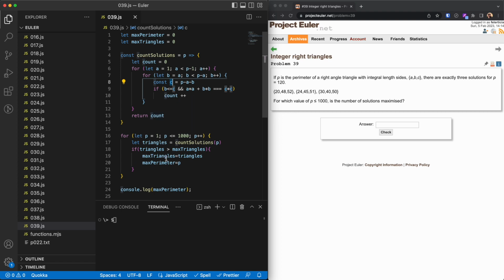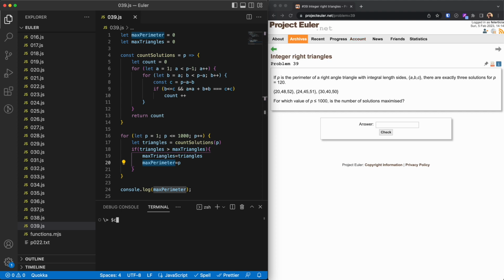Here we check that count that has been returned from this function with the maximum that we have already found, and if this is bigger, then we store the max triangles and get the max perimeter.